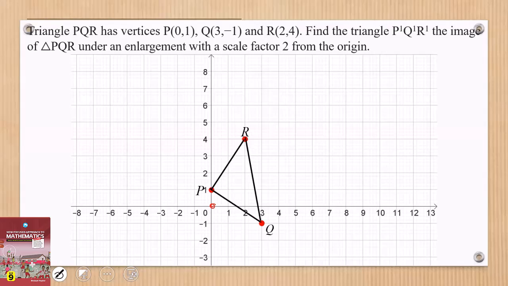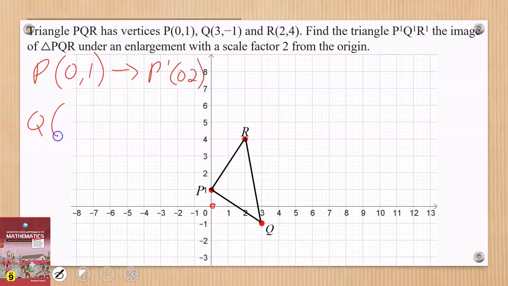Beautiful. Now we want to find the enlargement with a scale factor 2. If I have P and P is (0, 1), its image P prime becomes (0, 2). If I have Q and Q is (3, -1), its image Q prime will be (6, -2).